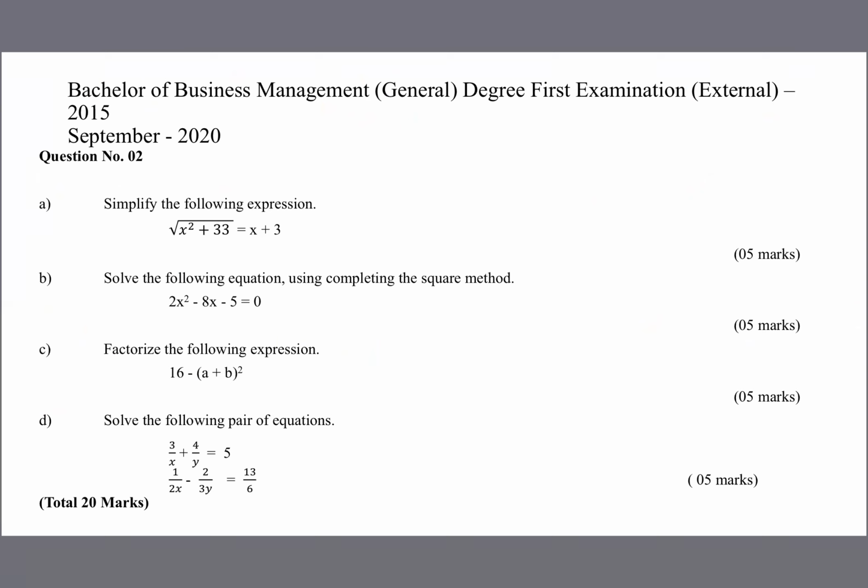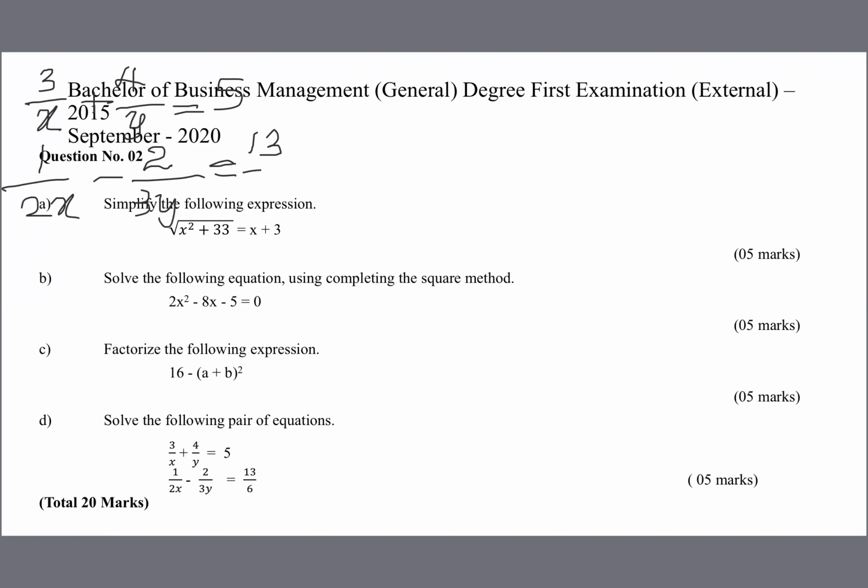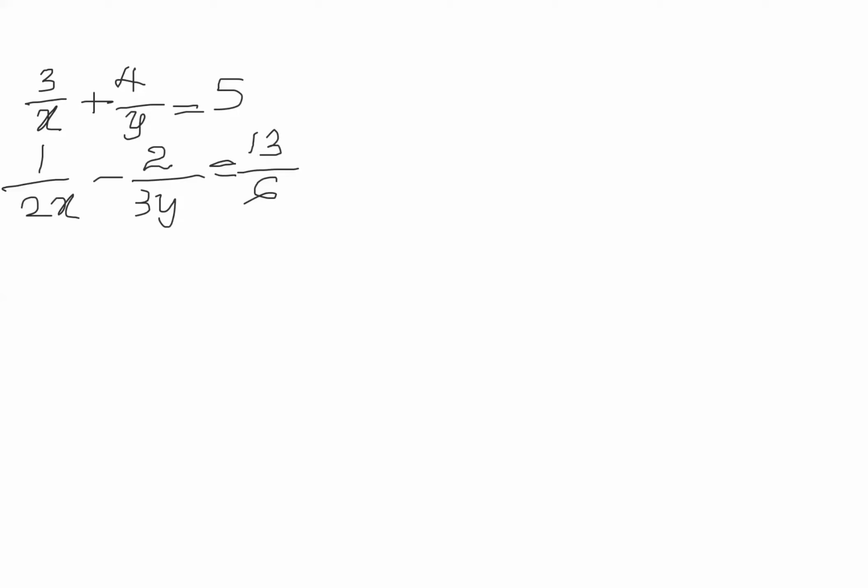Shall we try? 3 divided by x plus 4y equals 5. The second one is 1 over 2x minus 2 over 3y equals 13 divided by 6. You can see, no?